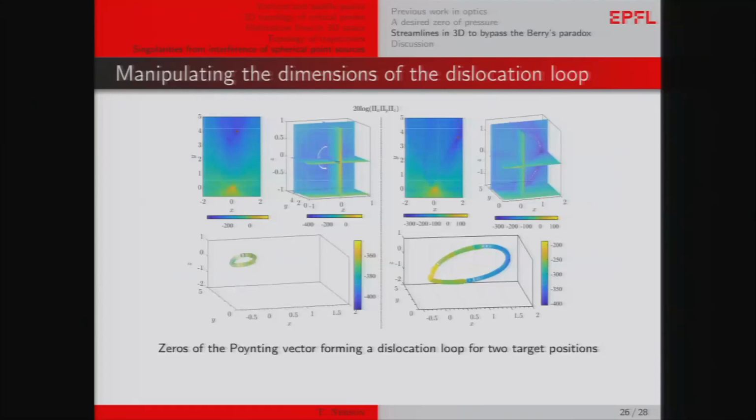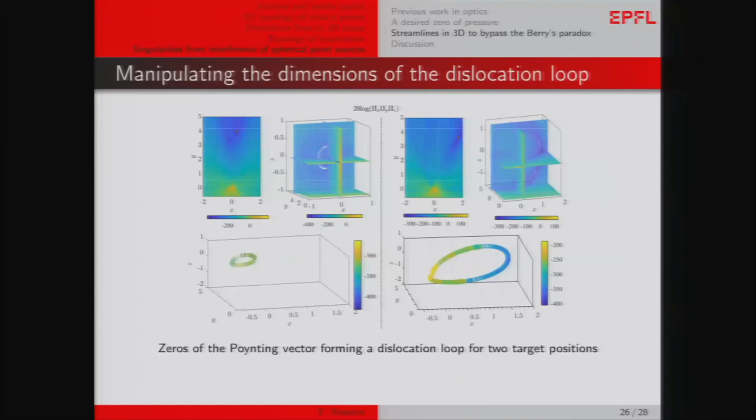And we could define three characteristic lengths of the dislocation, namely the diameter of the dislocation, then the distance between the vortex and the saddle inside the dislocation, and the distance from the dislocation to the source.